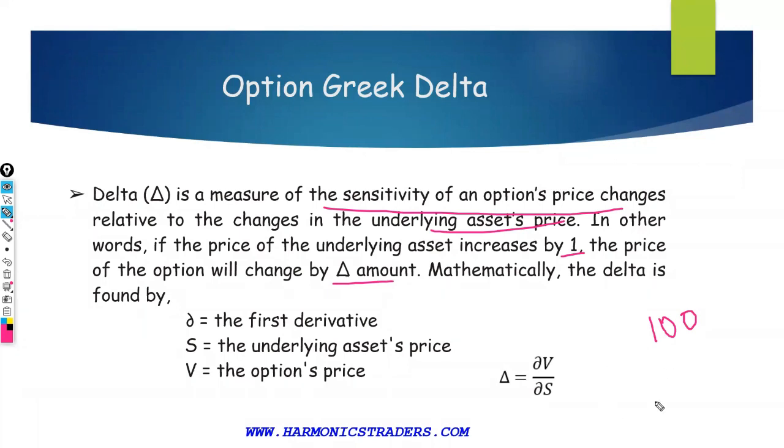If the particular CE moves by 60 points, then delta is 60 divided by 100, so delta is 0.6. When somebody says this CE has a delta of 0.6, it means for every single point movement, this CE changes by 0.6 points. Whether it is an increase or decrease, it will be moving at this pace. So this is called delta.